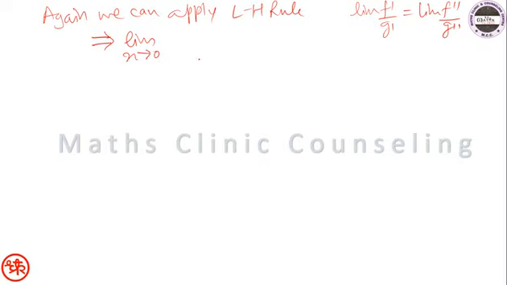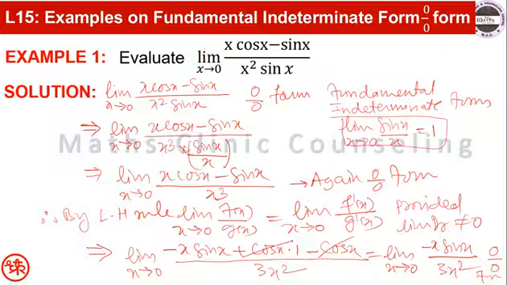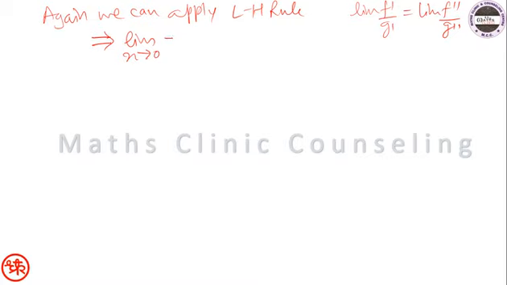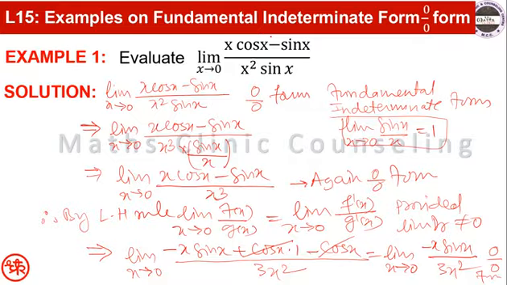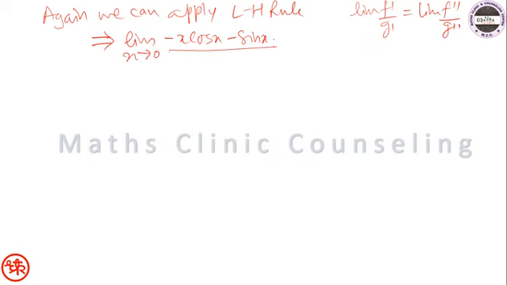Now what is the derivative? Look here: minus x sin x, its derivative is minus x cos x minus sin x into the derivative of x, which is 1, upon 3x square, whose derivative is 6x.